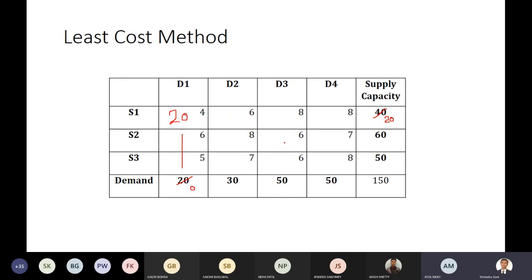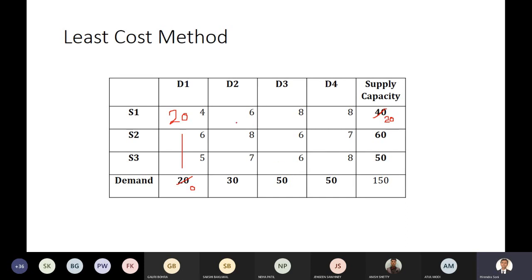What about S2 D3? Fifty. What about S3 D3? 50. So here I will be able to allocate 20, and in these two cells I will be able to allocate 50, correct? So wherever you can allocate the maximum, that cell is to be chosen.